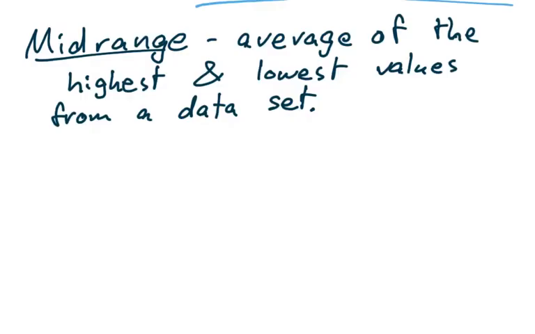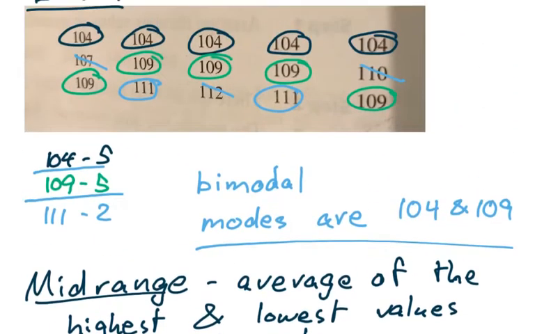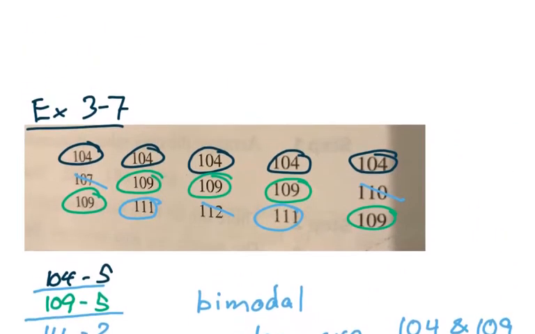And one last little thing, the mid-range is the average of the lowest and the highest values from a data set. So we can say MR, mid-range, that's high plus low, all divided by 2. Just real quick, let's back up to this previous example here. We already examined the data, and the mid-range is pretty easy to calculate because we've got the lowest value, which repeats a bunch of times, but there's no lower value.